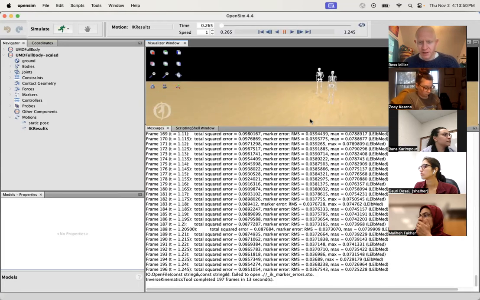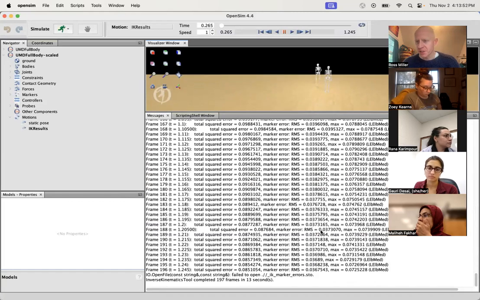Okay, so down there on the messages screen, for each frame, it's showing you a bunch of outputs of its calculations and optimization for that frame. It says total squared error, which is the thing it's trying to minimize when picking how it moves. Marker error RMS is the root mean squared error, and max is the largest single marker error.